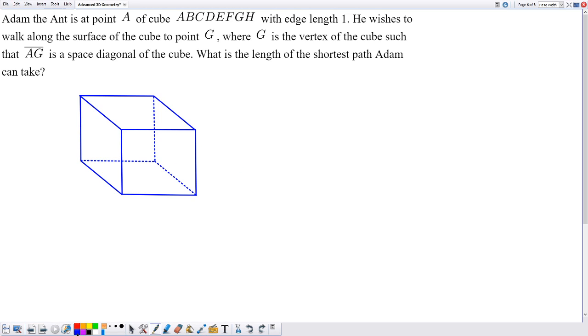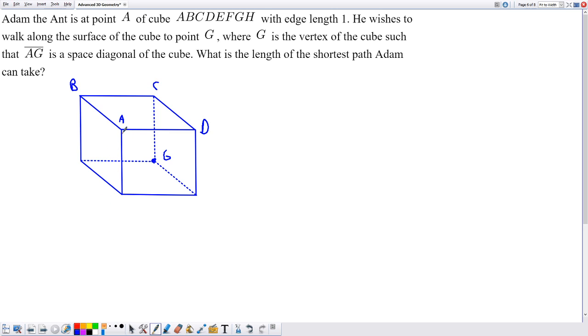Now let's start labeling some of the points. So we have A, B, C, D. Now we want to walk along the surface to point G, where G is the vertex of the cube such that AG is a space diagonal. So the space diagonal is from one corner of the 3D shape to the exact opposite corner. So this point here must be G, the opposite corner through space.